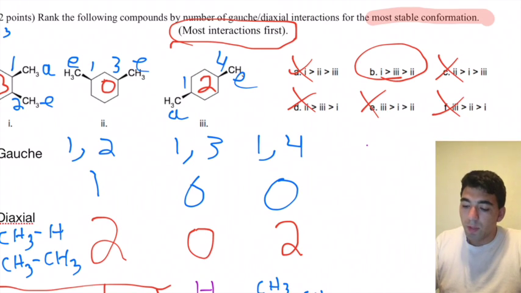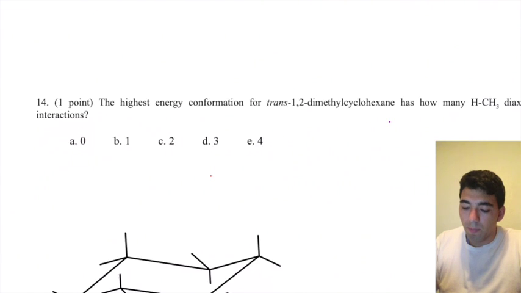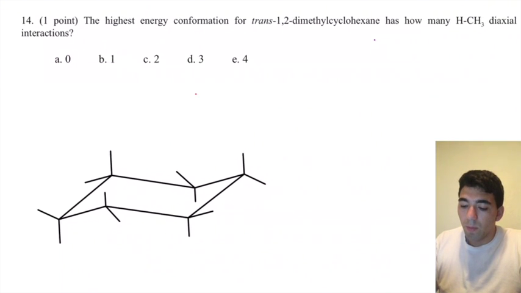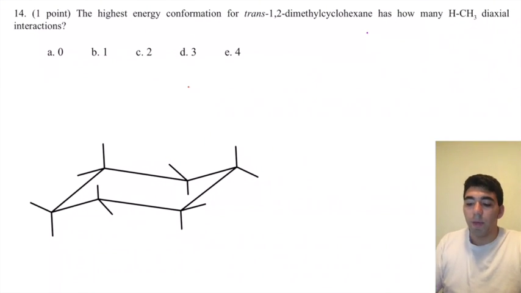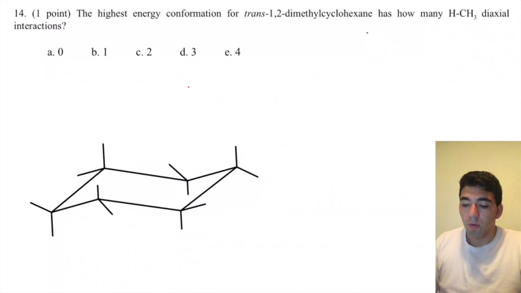Okay, and now we shall move on to problem number 14. They want to know the highest energy conformation for trans 1,2 dimethyl cyclohexane and how many CH3 diaxial interactions there are. So again, we'll use our odd even or the table to figure out whether these are equatorial or axial position methyls.